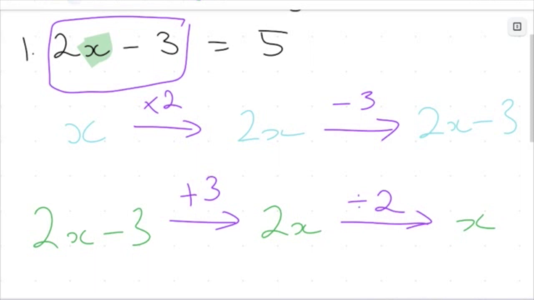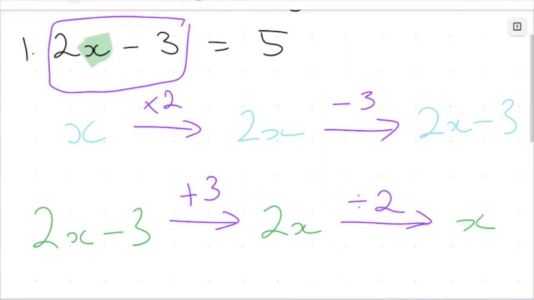Subtracting 3 was the last thing we did, so the opposite of that, adding 3, will be the first thing we do when we go the other way. The thing we did in the middle was timesing by 2, so we're going to divide by 2 to get back to my x.